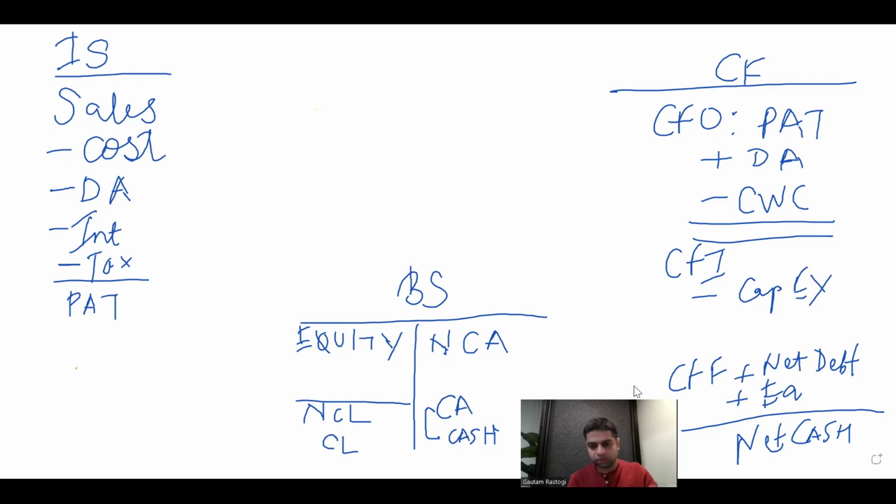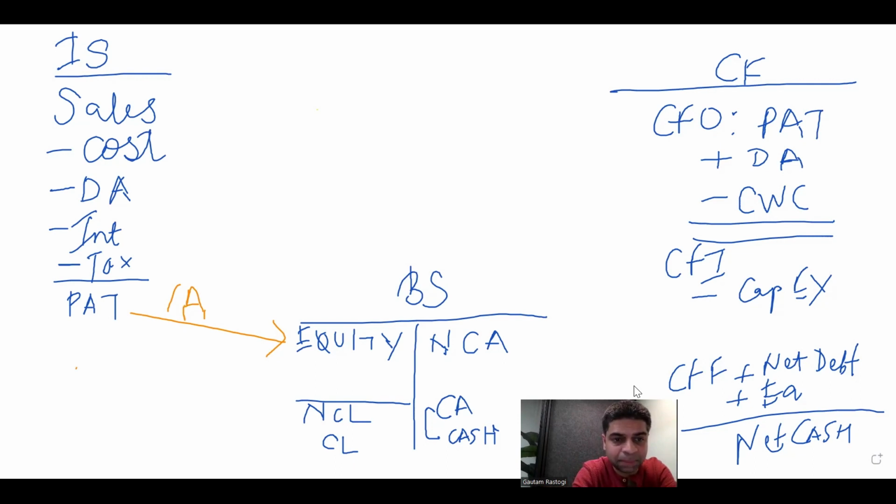I know that wasn't the true PAT because we are yet to model depreciation, amortization, and interest costs. But the real PAT that we get eventually gets added to equity. Let's call it transaction 1A. It flows to your equity.